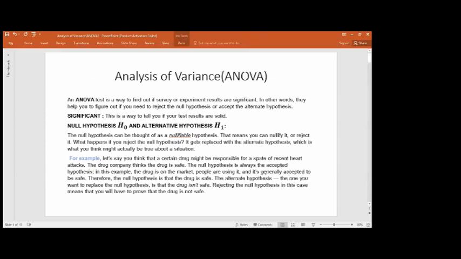Therefore, the null hypothesis is that the drug is safe. This is our initial null hypothesis: the drug is safe.